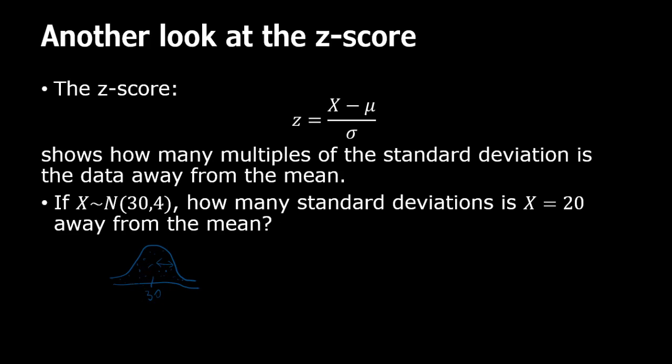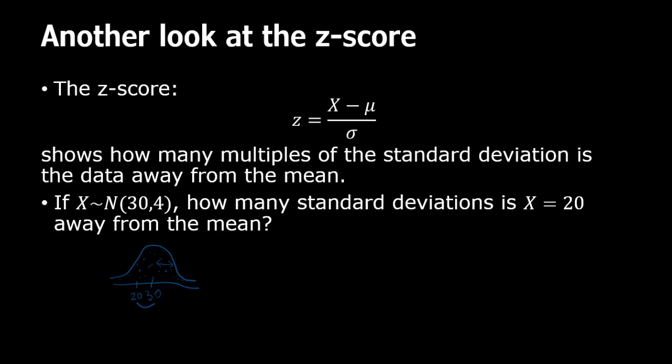But now let's say that you get a random value for the random variable of 20. So 20 was randomly selected. And by the way, this bell shape means that there's more probability of getting a number closer to 30 than away from it. A number that's much smaller or much bigger than 30 would be harder to get, because there's less of the distribution out there. Now I want to know how far these two are.